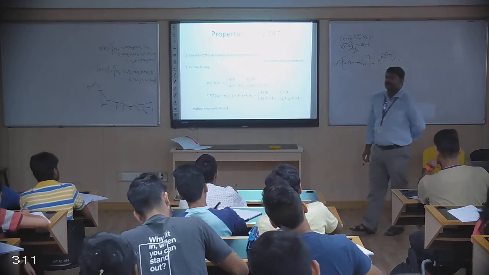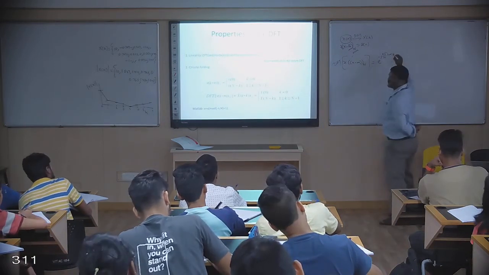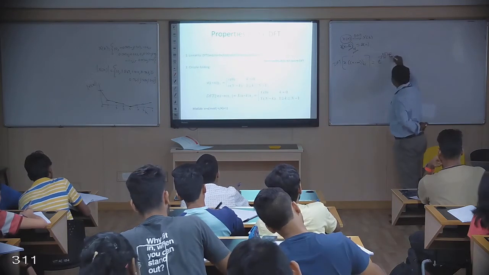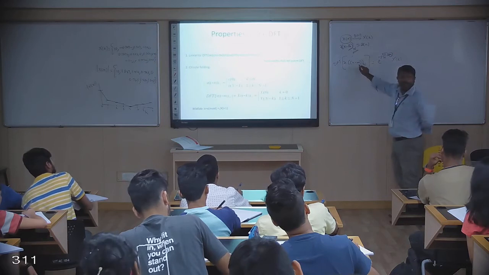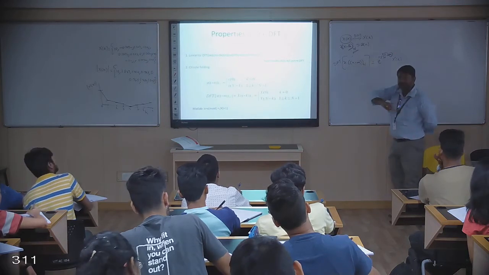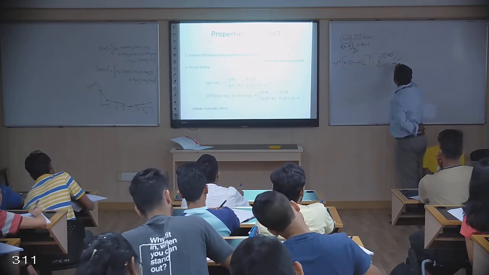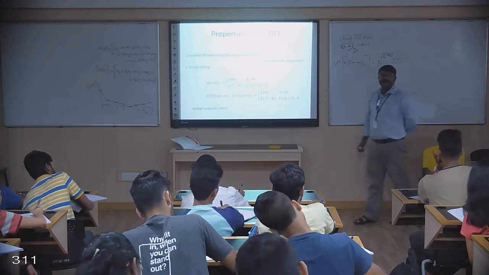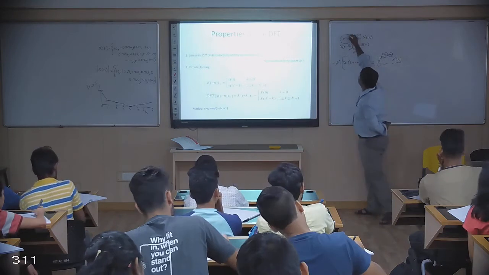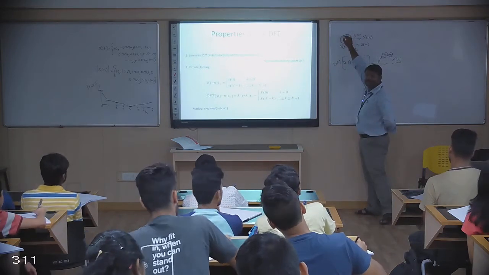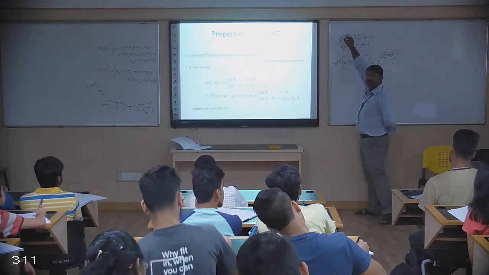So what is the circular shift property? Here understand that this is not n, this is m, the shifting unit, how many rotations you are shifting, into X of k. X of k is the original DFT of my unshifted, unrotated input.